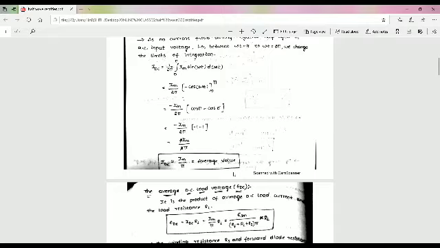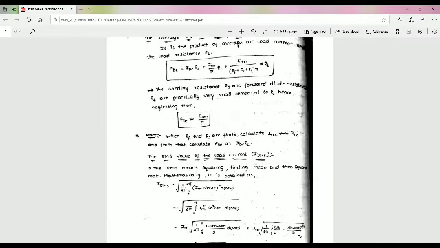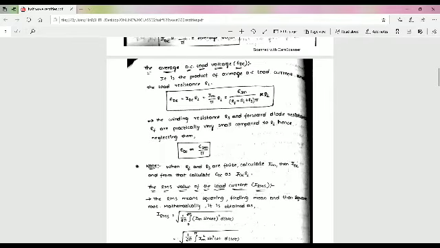Next, the average DC load voltage, EDC. Voltage is the product of current and resistance, so EDC is the product of the average DC load current and the load resistance RL. So EDC equals IDC into RL.